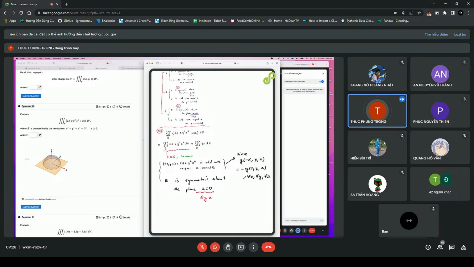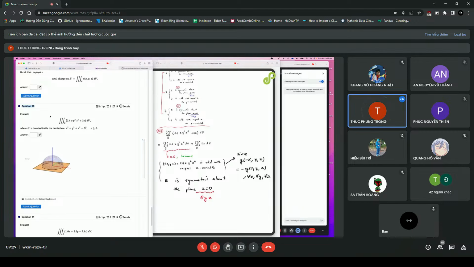It's only odd with respect to z. When it's odd with respect to z, you need to make sure that the domain is symmetric about the plane z equals 0. But you can see the domain E right here is not symmetric about that plane. That's why you cannot say anything for this one. You cannot say that this is 0.